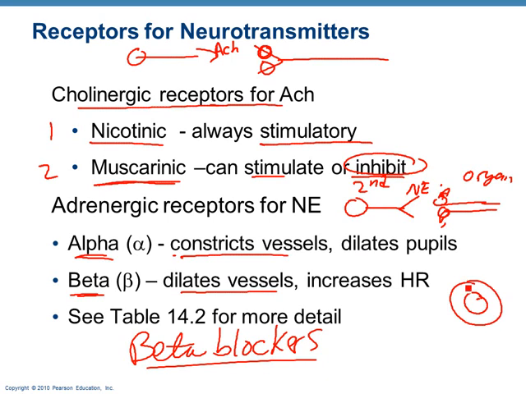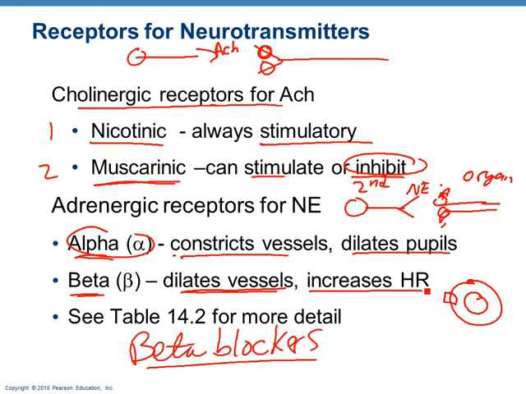If you have norepinephrine binding an alpha receptor on the organ, the blood vessel will constrict and the pupils will dilate. If the norepinephrine binds a beta receptor, the vessel will dilate and the heart rate will increase.